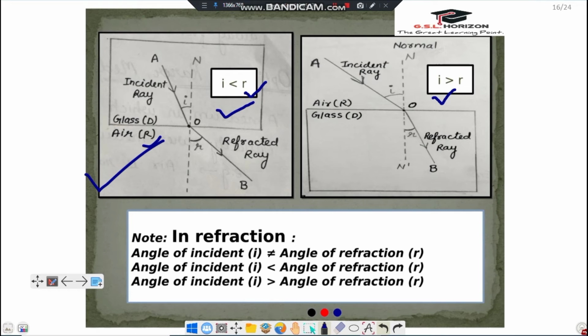We can understand it. The angle of incidence does not equal the angle of refraction. The angle of incidence is either less than or greater than the angle of refraction, depending on the case, on which media the light passes from.